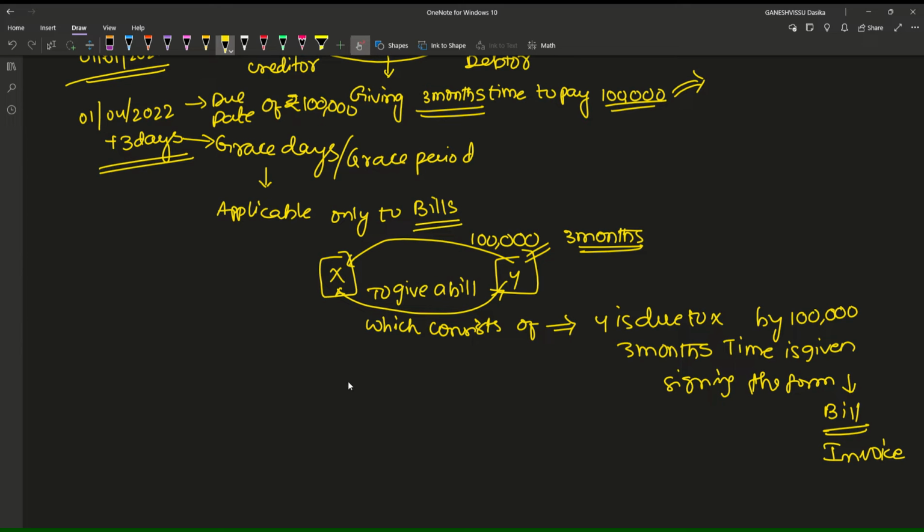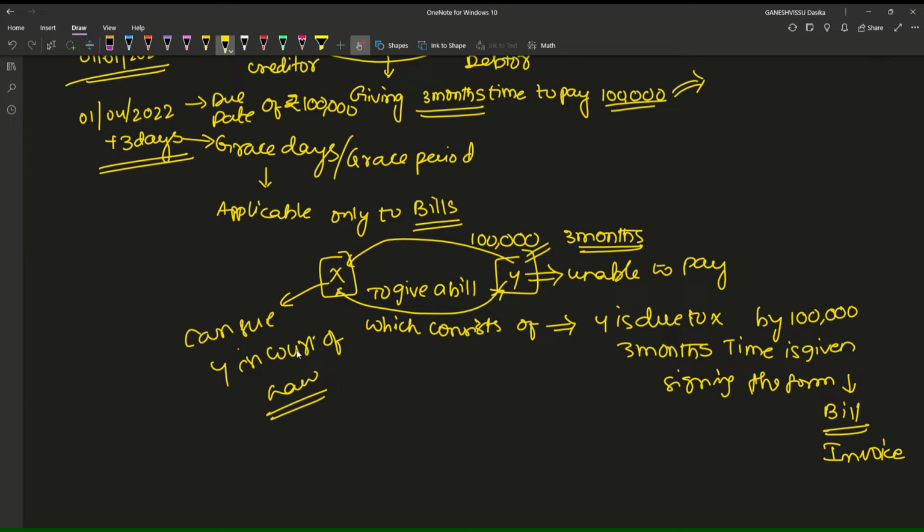And why would he be asking for it? In order to have protection. If Y is unable to pay, then X can sue Y in a court of law.